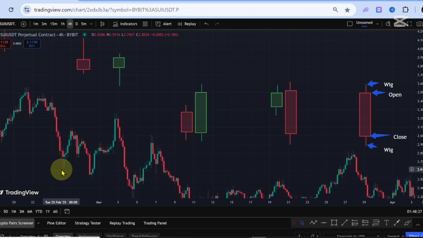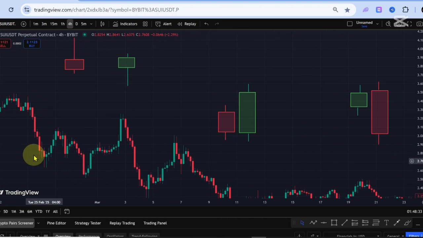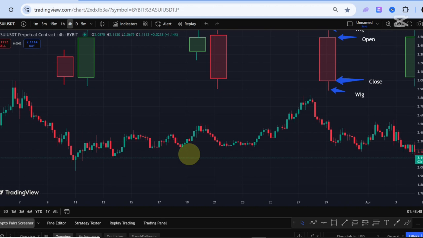If there is a downtrend and you see this candlestick at the bottom, it shows that price wants to reverse to the upside. While if you see the one at the top of the trend, it shows that price wants to reverse to the downside.